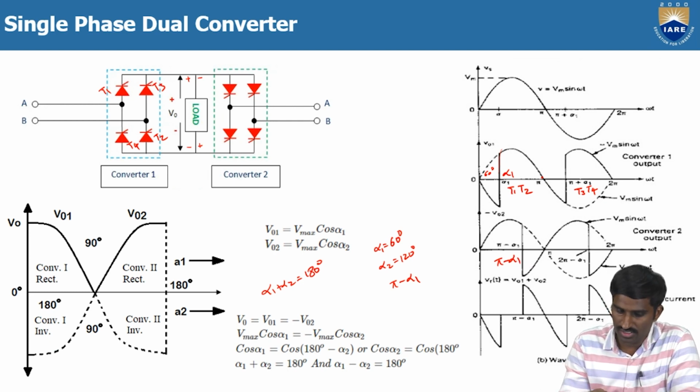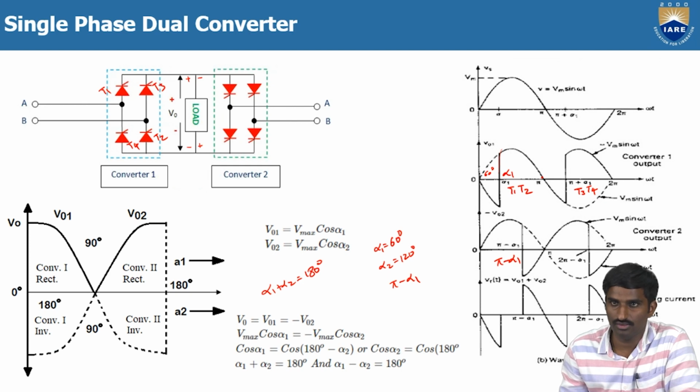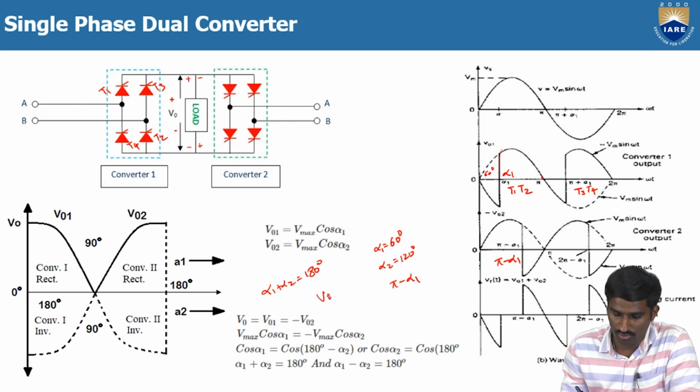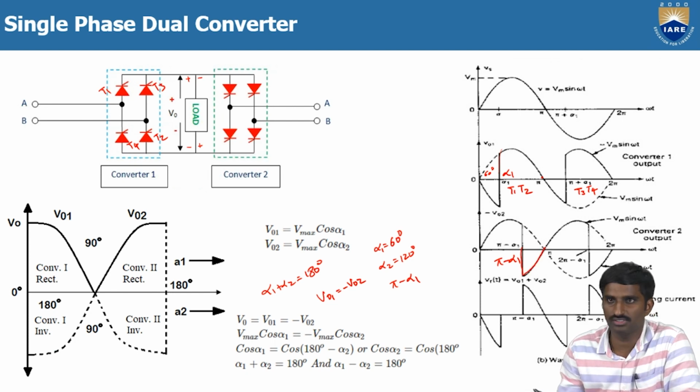Because this is the negative converter, the output voltage is minus V0, as we can see V01 is equal to minus V02. So that's why instead of the positive you are getting the negative cycle, because of the reverse way.